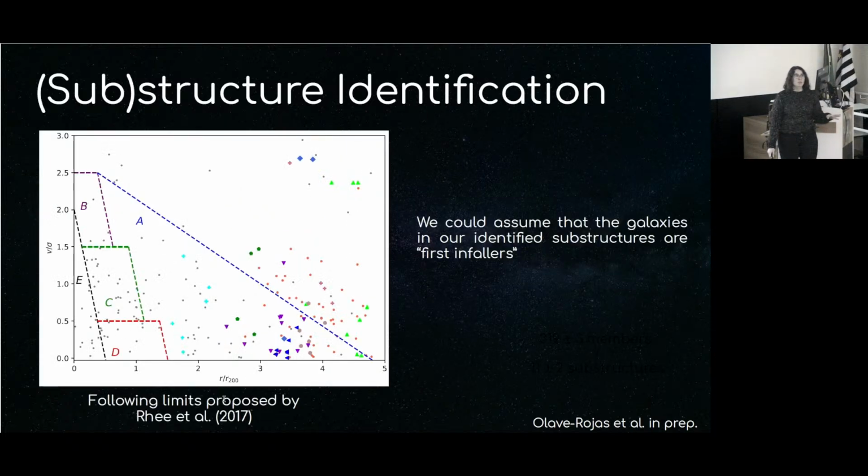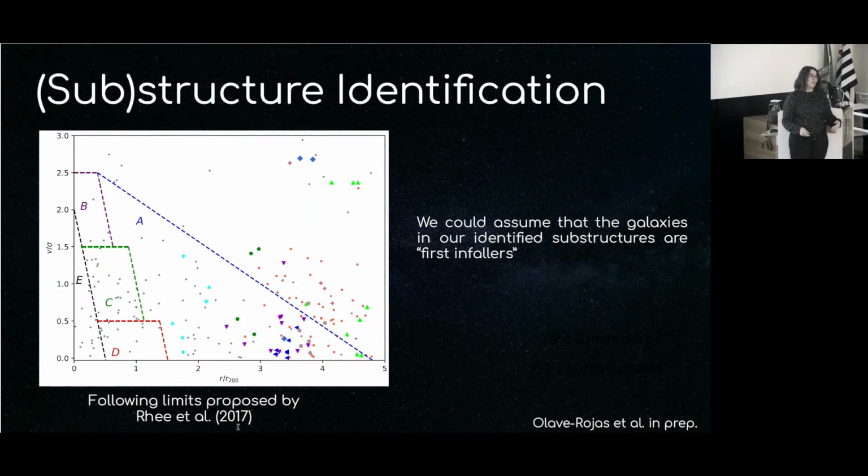And also, in order to analyze the kind of galaxies that are part of the substructure in the spectroscopic sample, I performed the phase space diagram, and I'm very happy because I find that the majority of the galaxies in substructure are located in the first infall region of the phase space diagram.